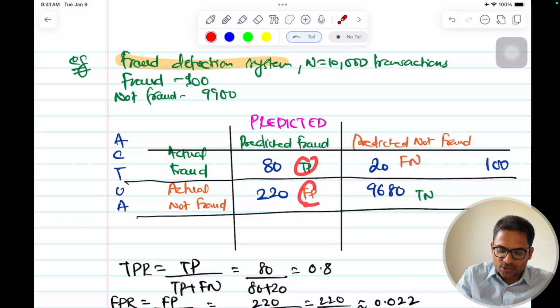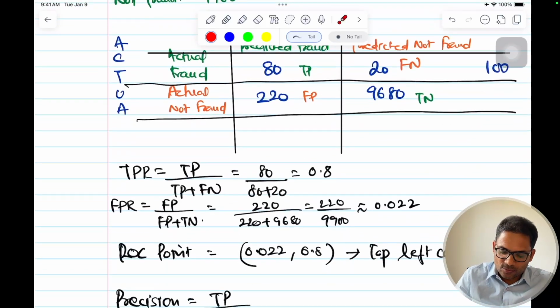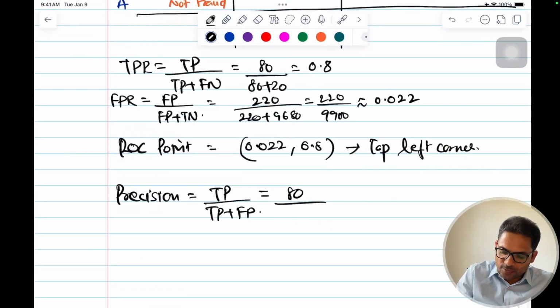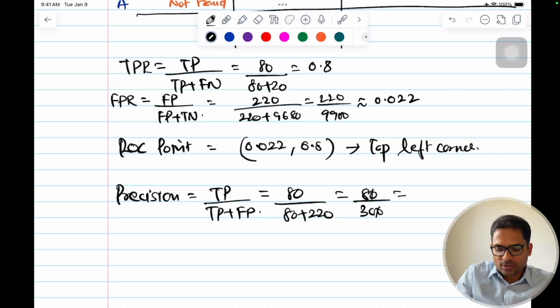So what is the precision of this model? That is 80 by 80 plus 220, that is equal to 80 by 300. So that will be approximately around 0.266267.